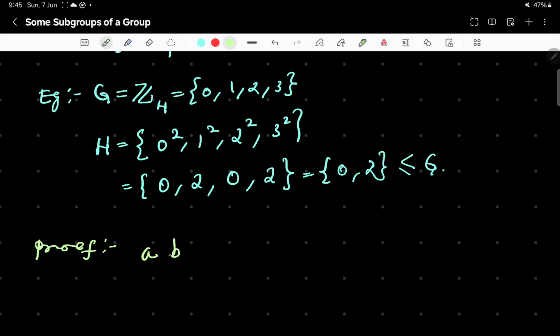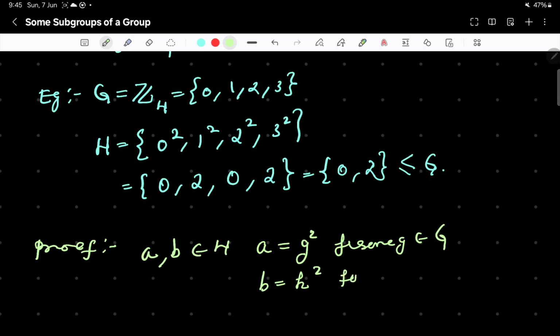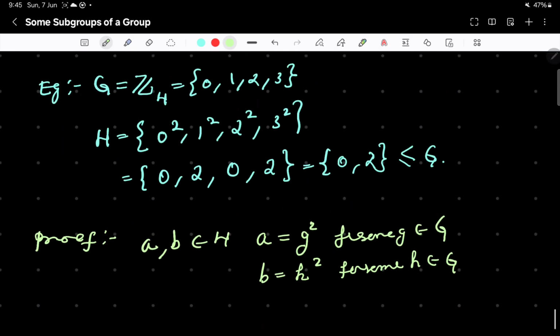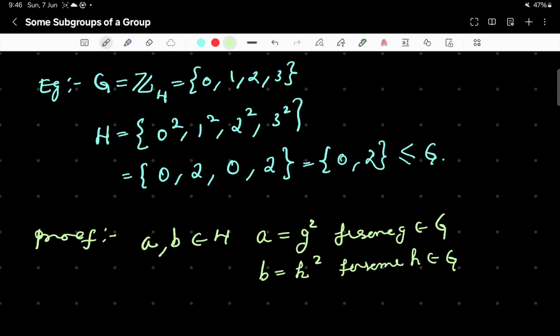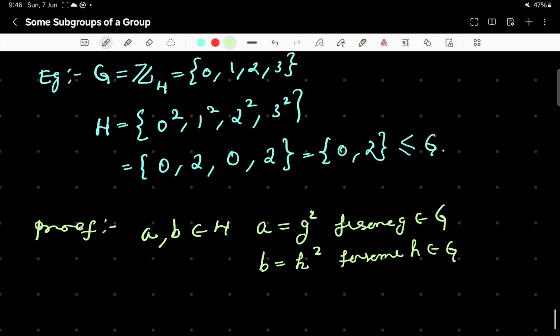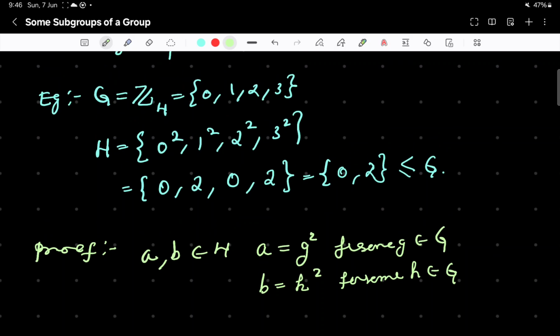Let's take A, B in H. So A, B in H means that A is equal to G square for some g in G. Similarly, B is equal to h square for some h in G. So A equals g square and B equals h square, because A and B are square elements, so they have to be equal to some squares.